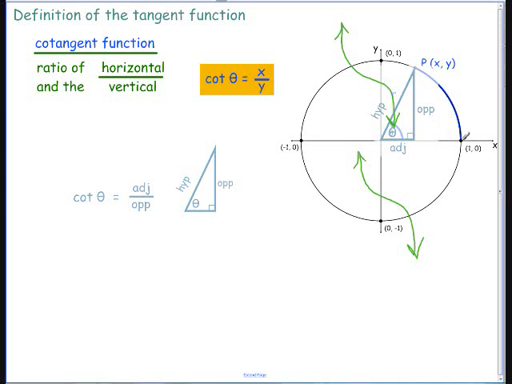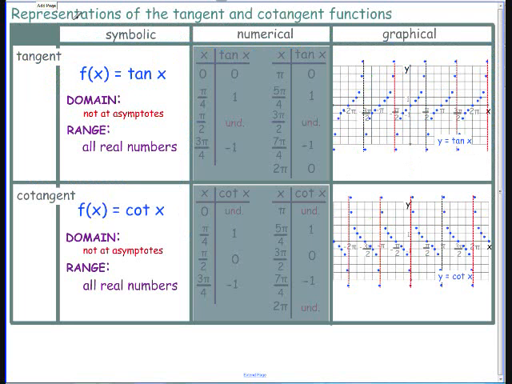And this is from 0 to 180. We see the first cycle, and then from 180 to 360 the second cycle. Here's what it looks like graphically. Let's emphasize our y-axis.